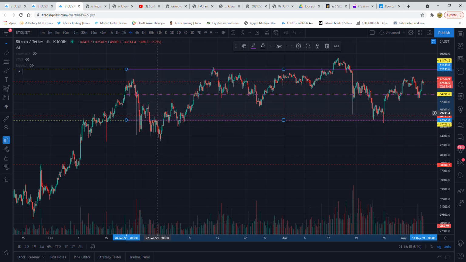So this is the range. There will be moments when the price goes through the channel and comes back in. So these are deviations. So nothing is perfect. Even in trading, nothing is perfect.